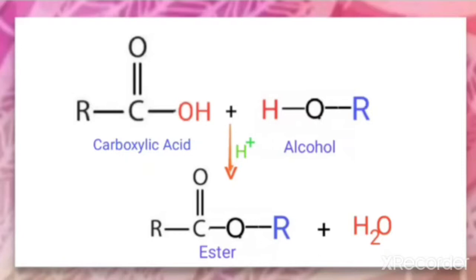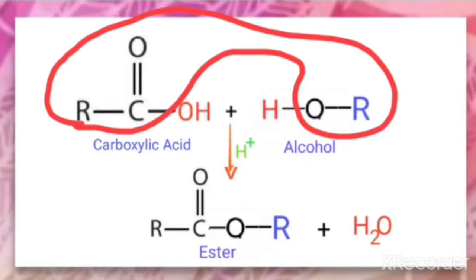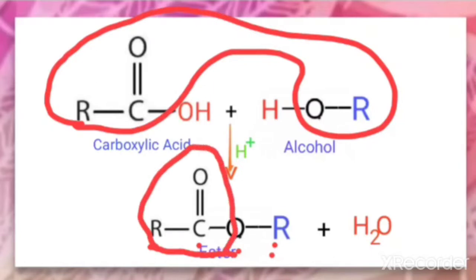You can see that after the removal of side product, the remaining parts get combined, which results in the formation of ester. So what is an ester? The general formula for ester is R C double bond O O R. From this, the RC part comes from the acid and the OR part comes from the alcohol.